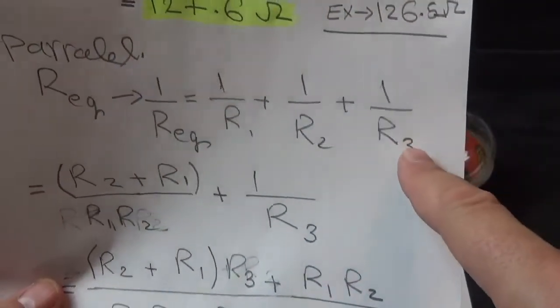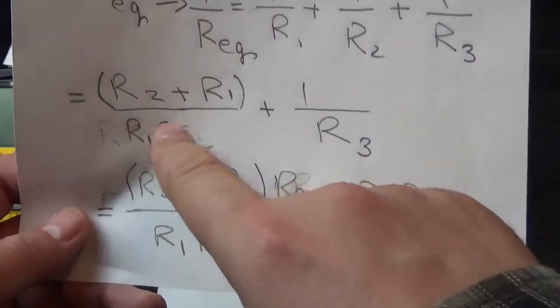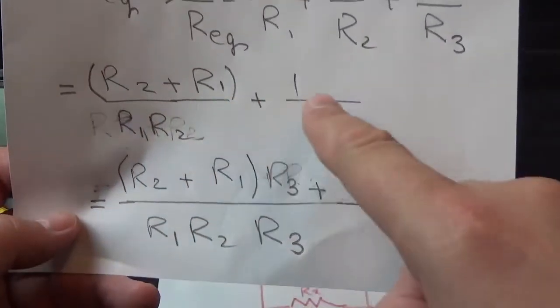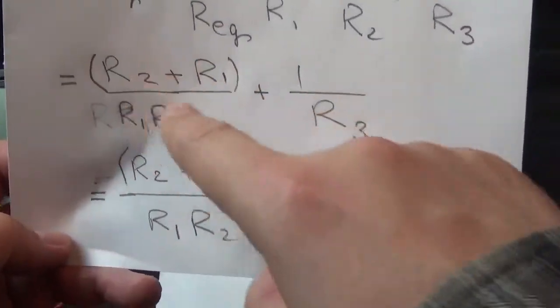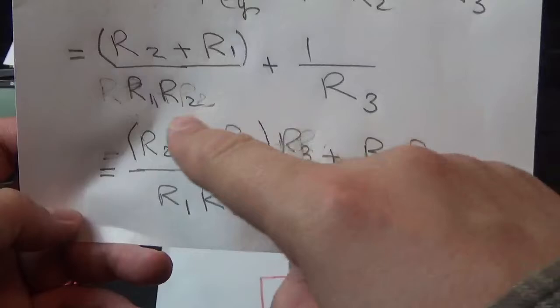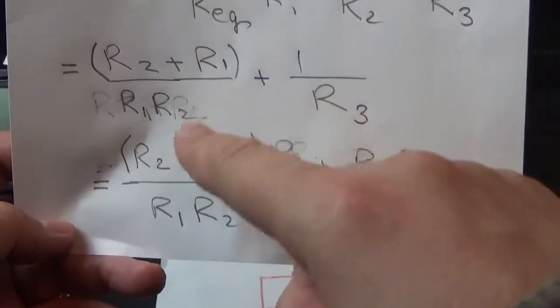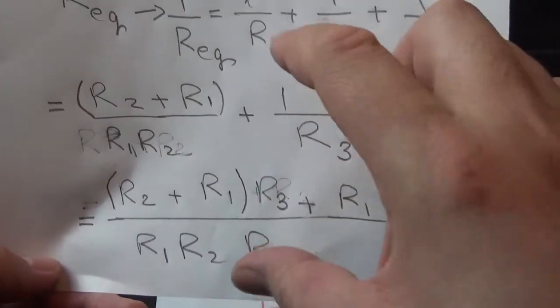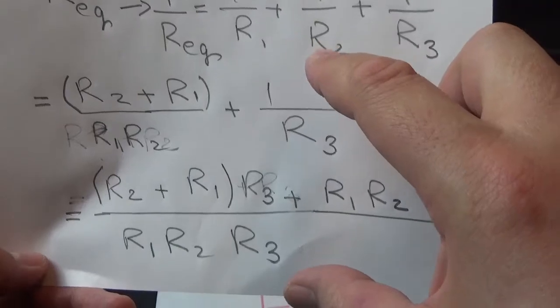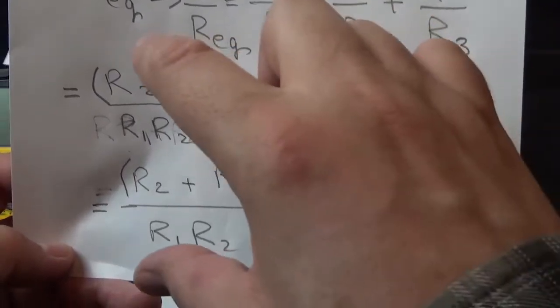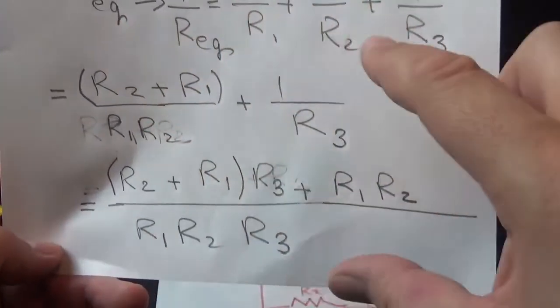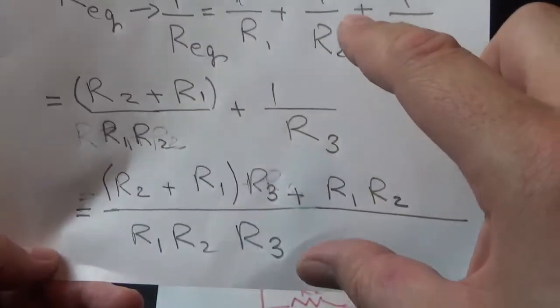plus 1 over R2 plus 1 over R3. By doing some math here, there is some math work, guys. If you have any question about this math work, just send me an email, guys, and I will explain it to you.